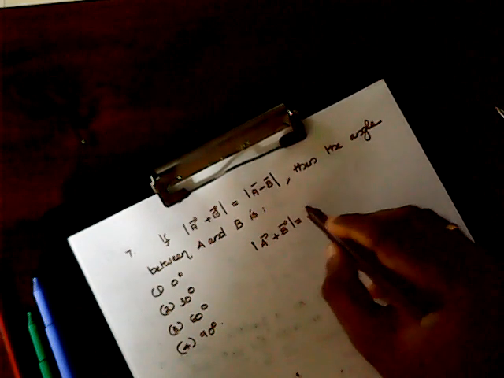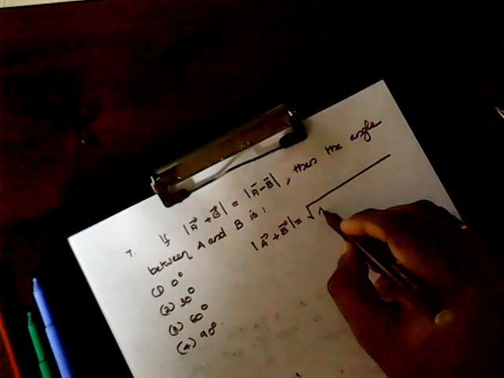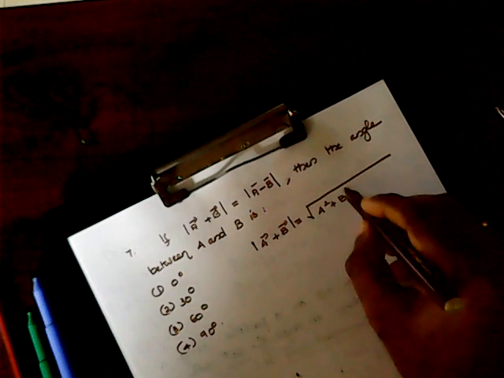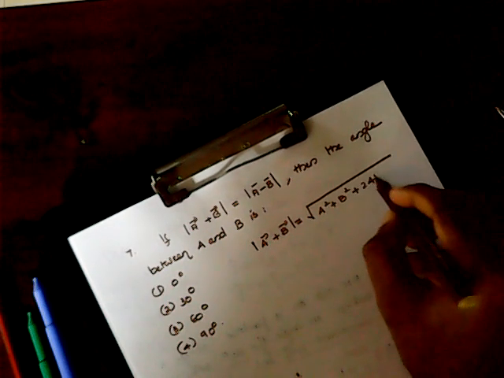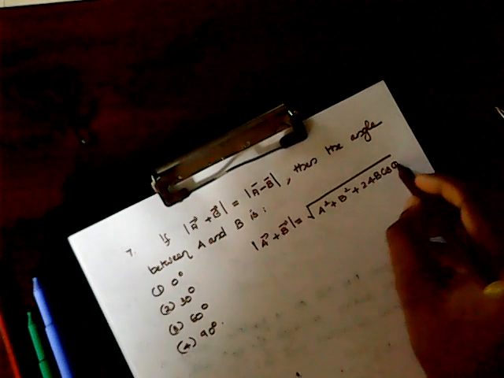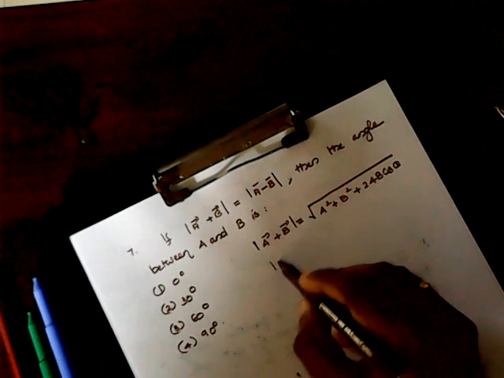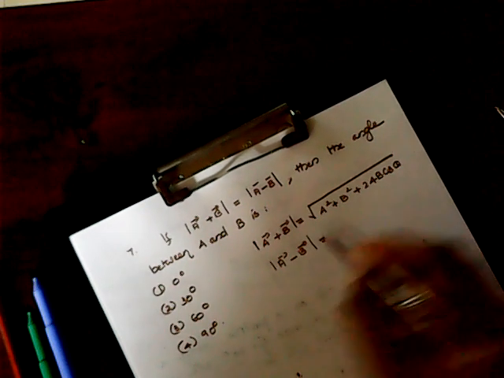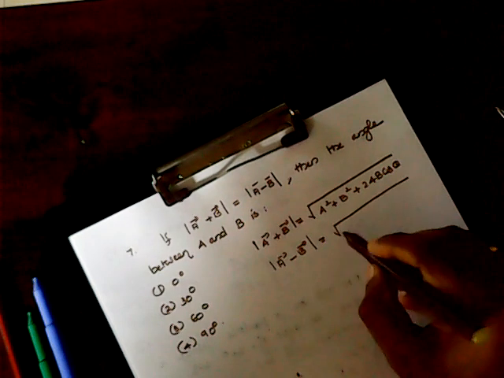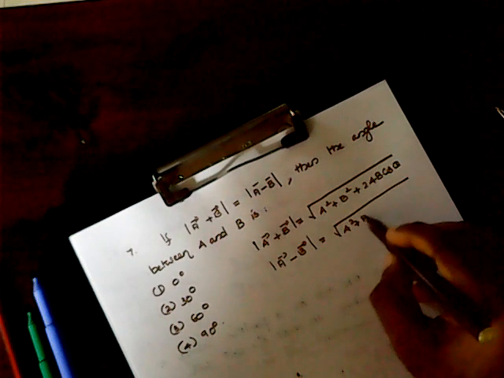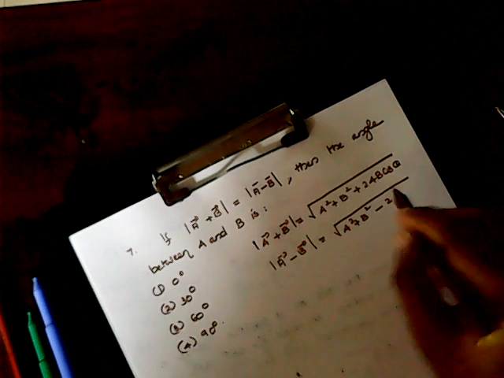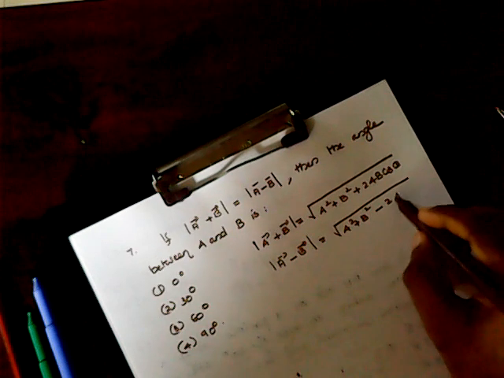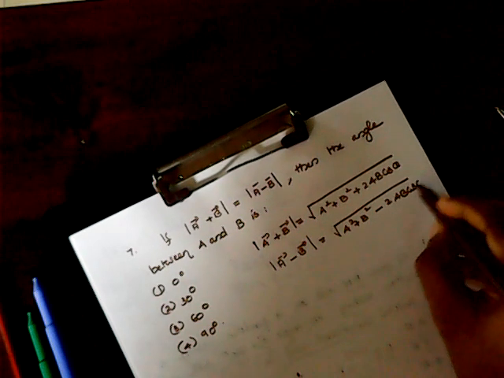It is so simple. The value is root of A square plus B square plus 2AB cos theta. Similarly, we know the value of A minus B. It is root of A square plus B square minus 2AB cos theta.